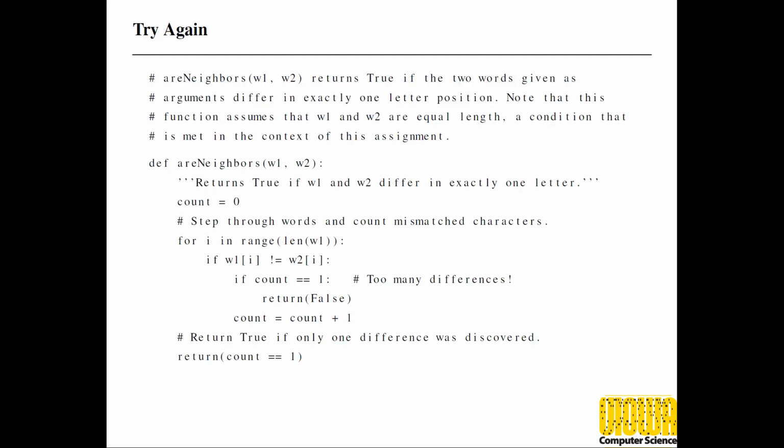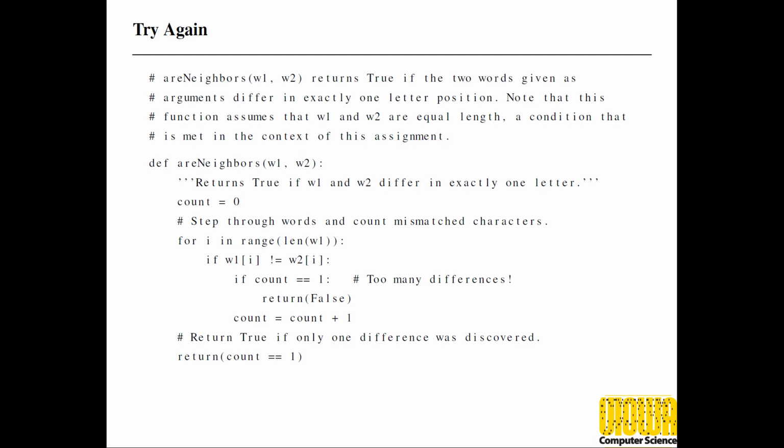But if I use a loop, I can actually check. This is my same function, same docstring, but notice the difference. I start with a counter at 0. I let i range over the length of the word, so 0, 1, 2, 3, right up to 4, which is the length of that word, which is 5. If the 2 characters are different and the count is already 1, it means that this is the second difference I find, so I'm just going to quit.